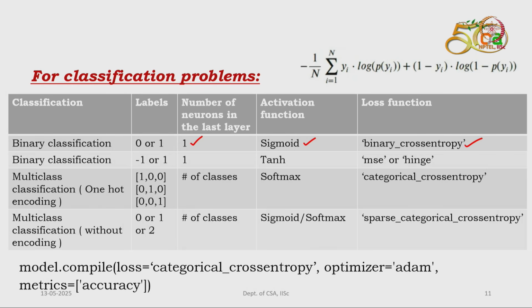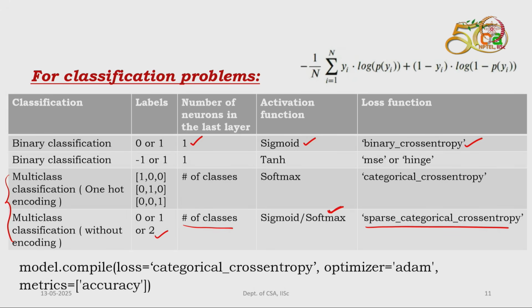If it is a multi-class classification using label encoding, where you convert the labels to 0, 1 or 2, then the number of neurons you place depends on the number of classes, the activation function is softmax, and the loss function is sparse categorical cross entropy.